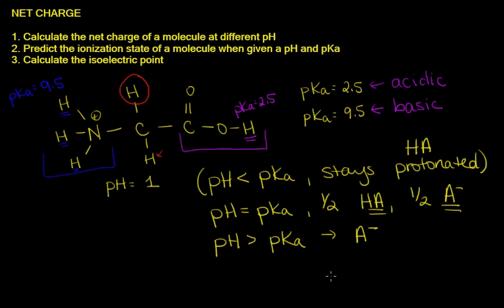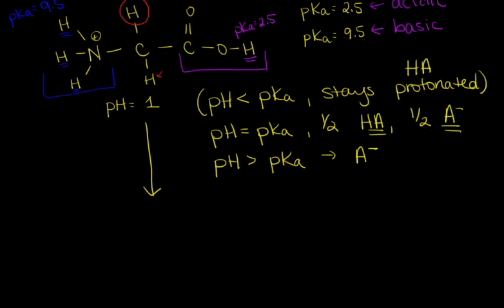So now I'm going to show you what that looks like on glycine. Okay, so we've got glycine at pH 1. What happens at pH 3, for instance? So now we know that the pKa here is 2.5.